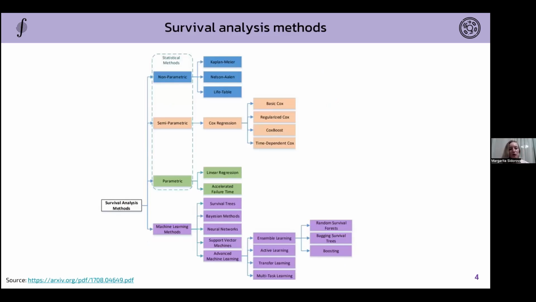Now let's talk about the methods in survival analysis. They can be divided into two great parts: statistical methods and machine learning methods. In statistical methods, we can have non-parametric, parametric, or semi-parametric methods. As you see from their naming, the parametric method has some parameters, and there should be some underlying distribution of times of death t, while in non-parametric methods this underlying distribution is not known.